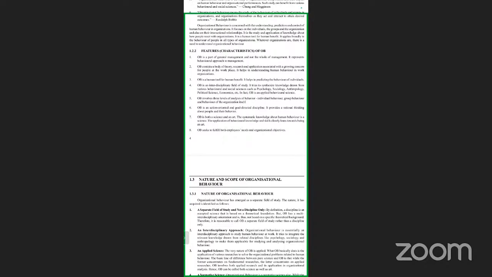So the very first characteristic of organizational behavior is that it is related to general management, not the whole management. It is a part of the whole, which focuses on the behavioral approach.